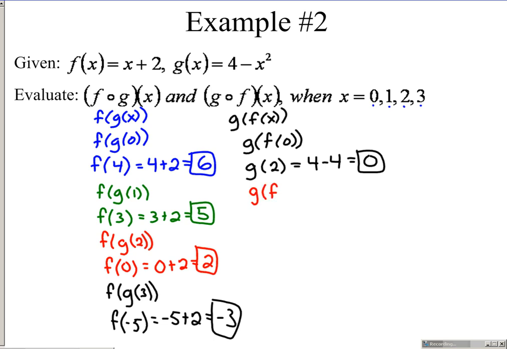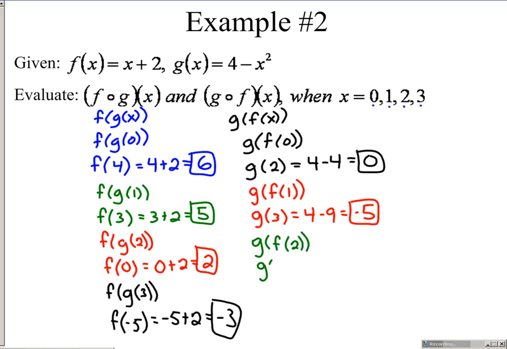G of f of 1. F of 1 is equal to 1 plus 2, which is 3. G of 3 now is going to be 4 minus 9, which is -5. G of f of 2. F of 2 is going to be 2 plus 2, which is 4.